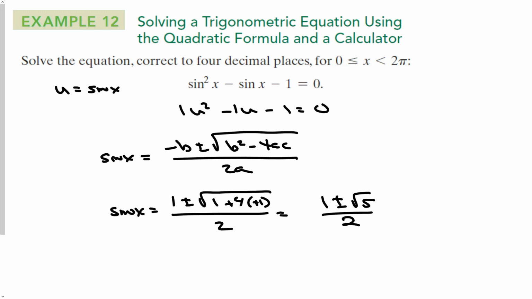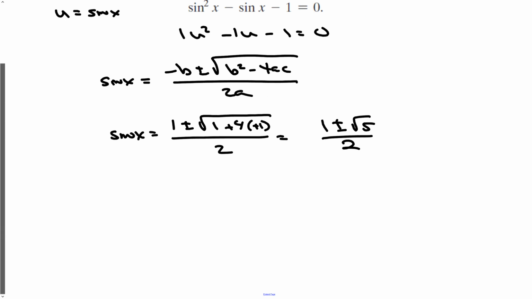So that makes me have to calculate now a bunch of different answers.